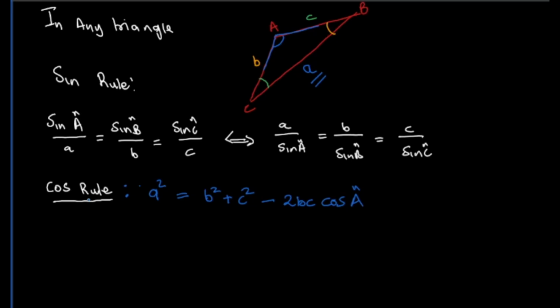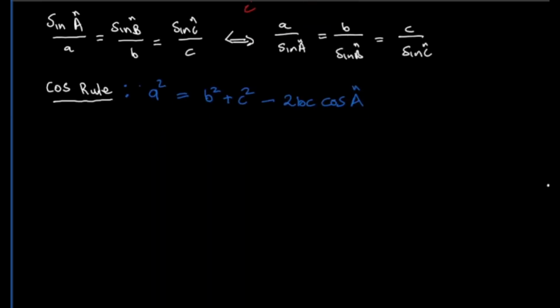So now the area rule, this is the same. When it comes to the area rule, we also need the included angle. So for the formula for the area rule, let's say I need the area of triangle ABC.